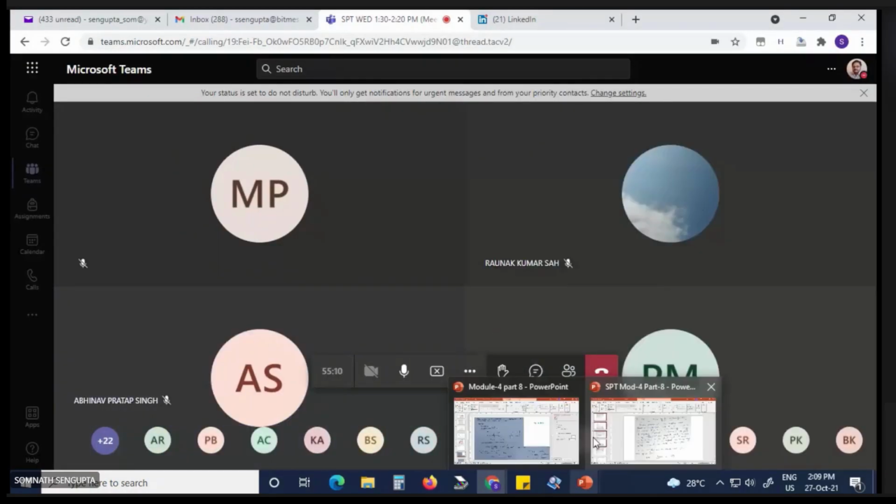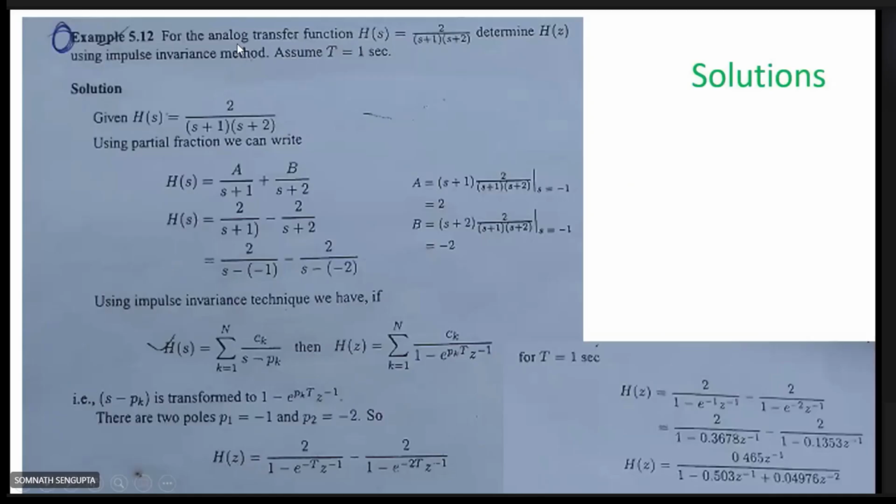The first problem is: for the analog transfer function H(s) equal to 2 by (s plus 1)(s plus 2), determine H(z) using the impulse invariance method. Assume T is equal to 1 second. So I will convert this analog filter H(s) to a digital filter transfer function. H(s) is 2 by this, in general form.